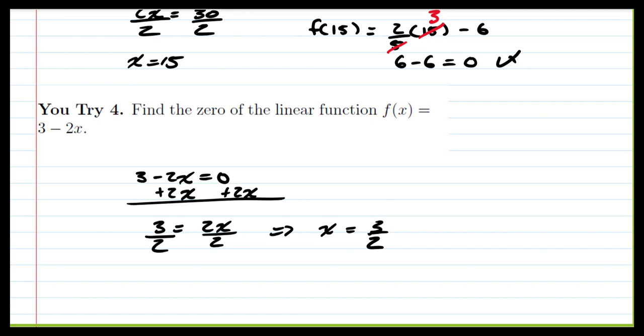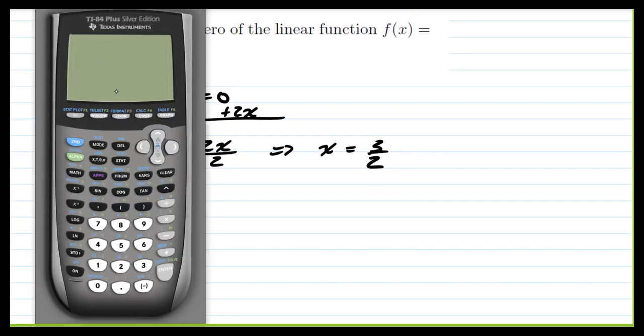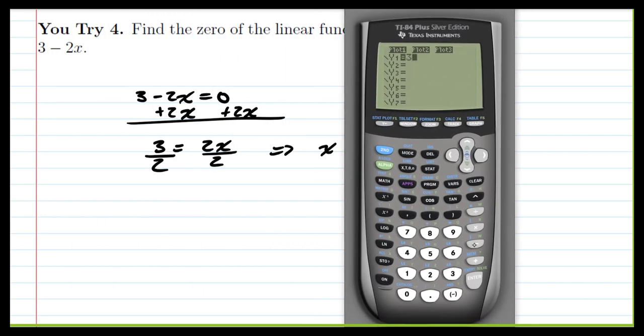equation. So one thing I do want to mention is if we grab our graphing device, let's go ahead and put this function in, so clear out what we have in here. And if I put 3 minus 2x into my calculator, and I press graph, there's a couple of things we're going to want to take note of.